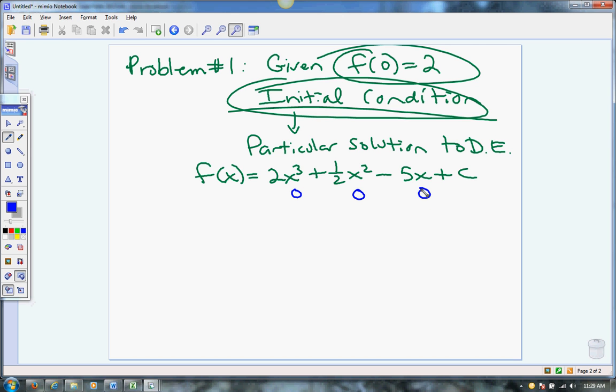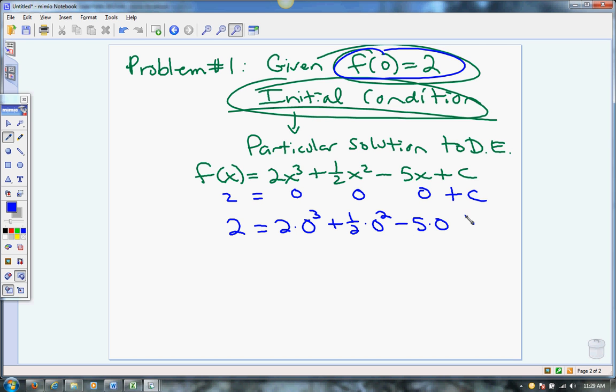If I put in that 0, it should equal 2, and it's going to help me find out what c is. So watch, I'm going to have 2 equals 2 times 0 cubed plus 1/2 times 0 squared minus 5 times 0 plus c.